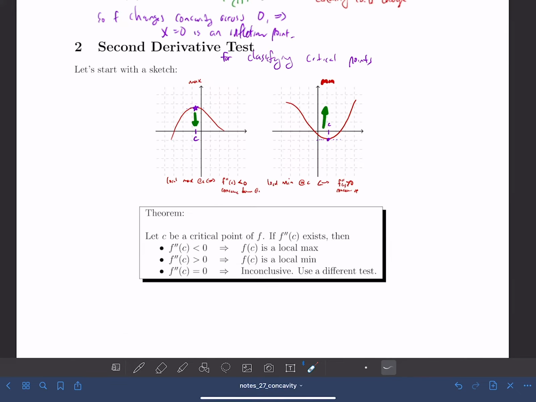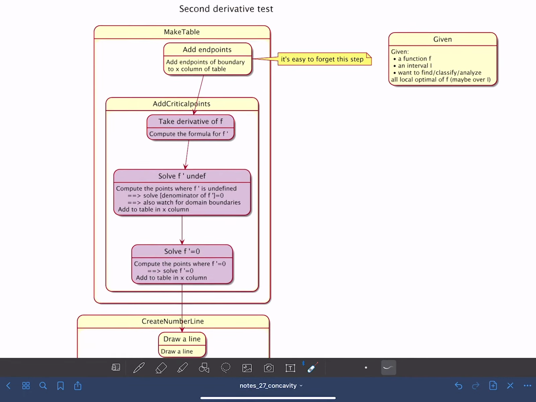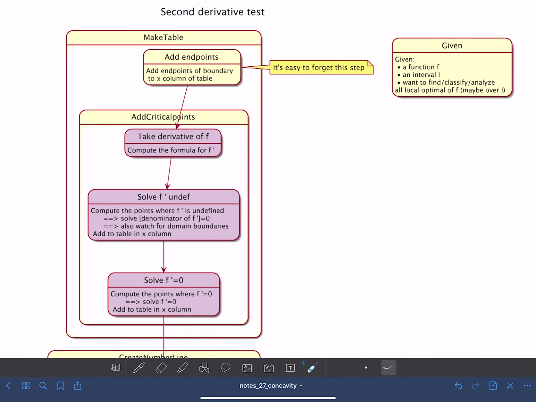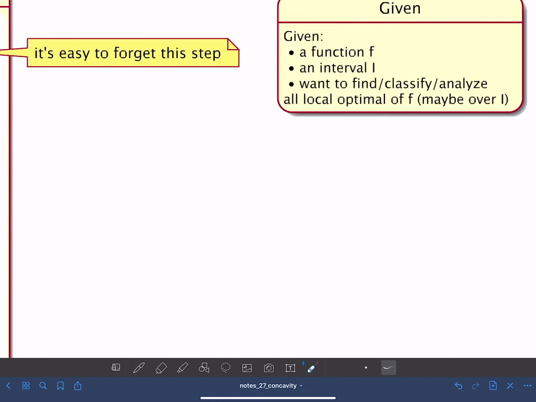Okay, so I made a flow chart. Hopefully you found these good. The first thing we're going to do is examine the givens. How do we know that we're going to want to do this? Well, I'm going to be given a function, and maybe an interval. Maybe you're not given an interval. And instructions that we want to find, classify, or analyze local optima of f.